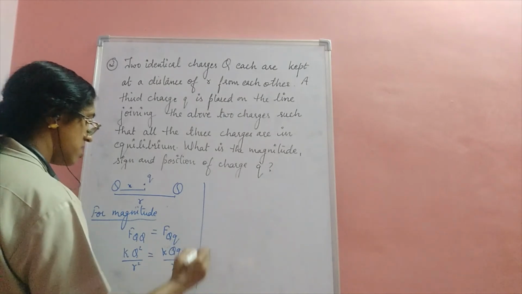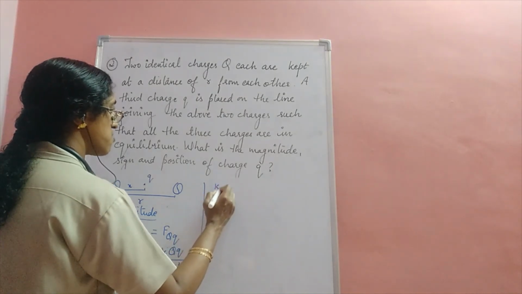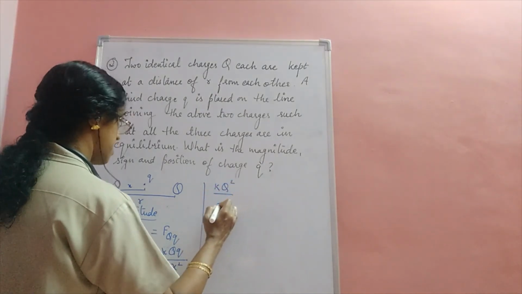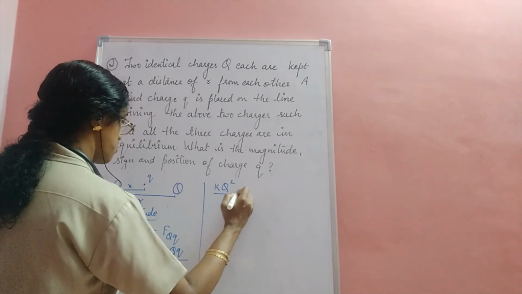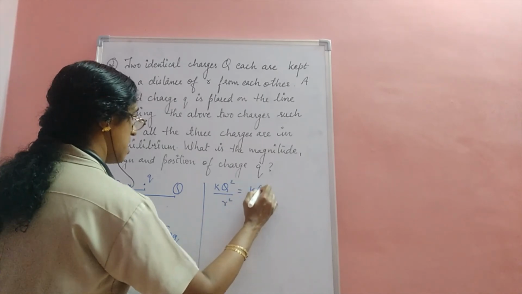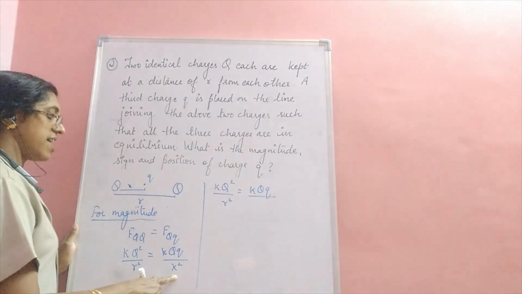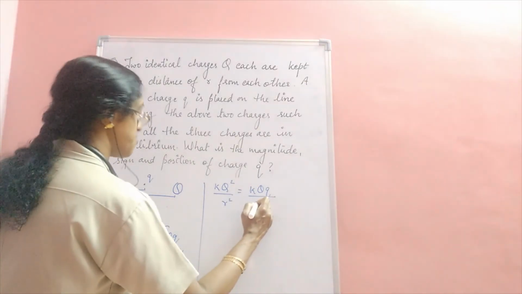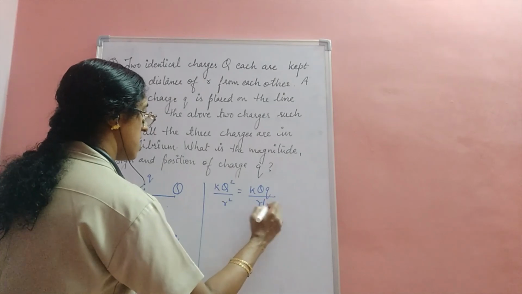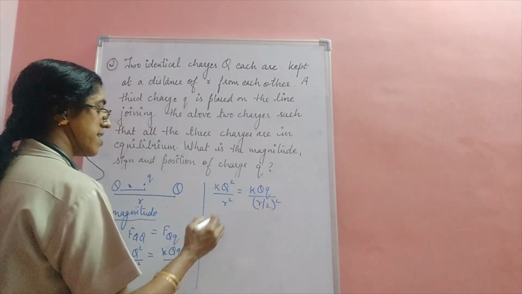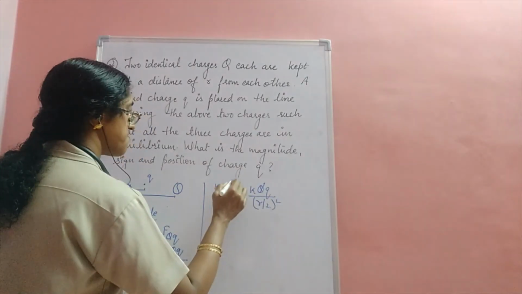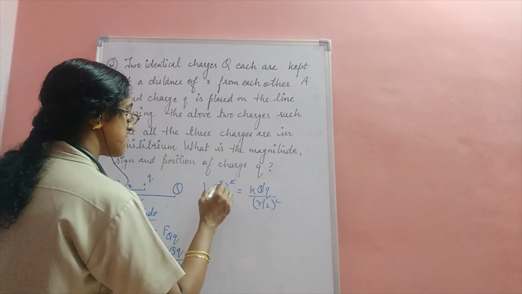Now, substituting the value, we know that kQ square by r square should be equal to kQq by, and the value of x was equal to r by 2. So, it would be r by 2 the whole square. So, what do we get?